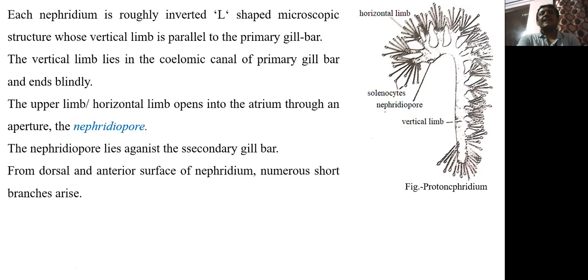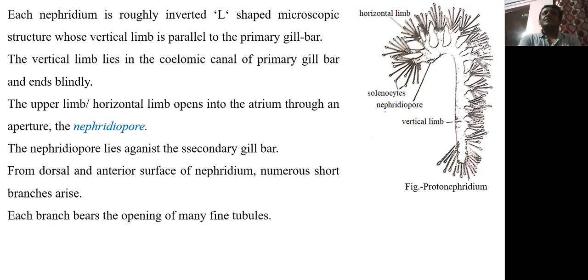From the dorsal and anterior surface of the nephridium, numerous short branches arise. In the diagram, we can see these short branches which arise from this dorsal and anterior surface. This is the anterior surface, and this one is the dorsal surface.